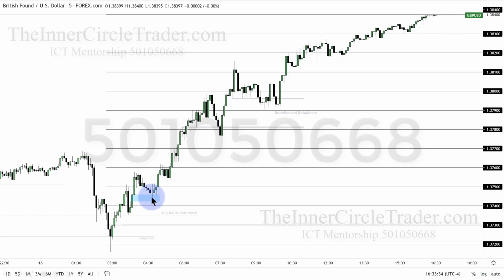What I need to see is the previous high, which is this high here, broken. Just like the high frequency trading algorithms, they get long here. I'm waiting for this imbalance to fill in, and then it retraces lower. I'm buying there. Once I buy that, I need to wait for this high to be broken through. It does. It trades to the next 10 level.